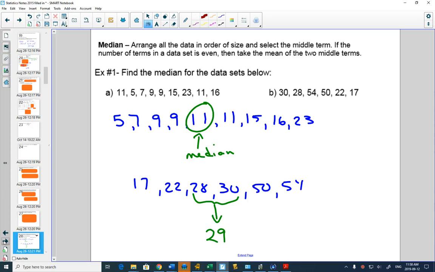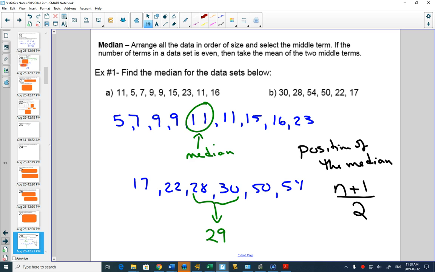Well, the position of the median is always however many numbers that you have. Here I have 9. Add 1 to it and divide by 2.